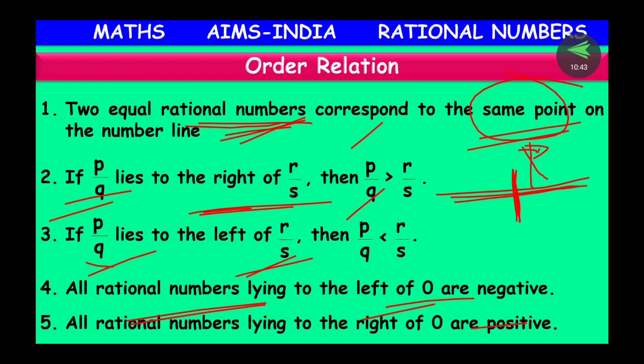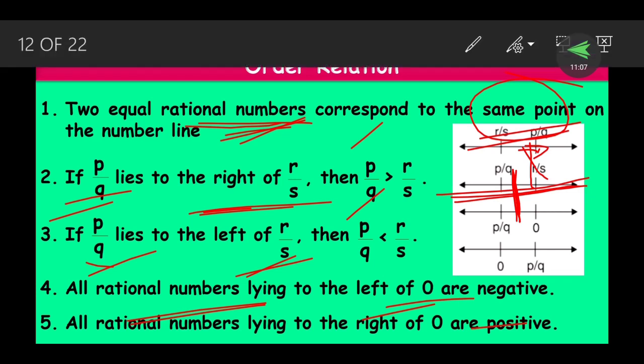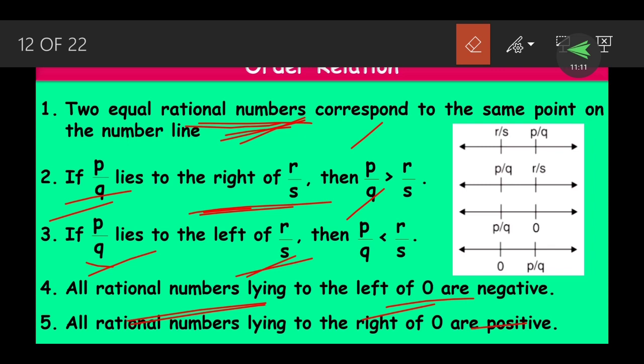This order relation we have to follow. Equal value, same point. If P by Q lies to the right, it will be greater. If P by Q lies to the left, it will be lesser. To the left of 0, all are negative. To the right of 0, all are positive. Like this we have to take the order relation.